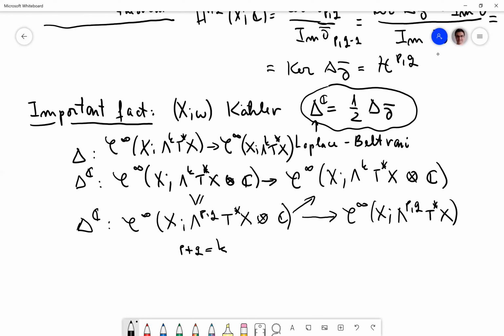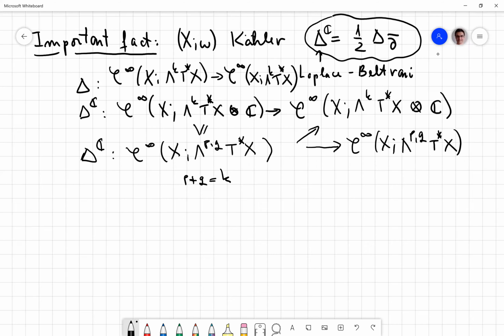So in this case, tensoring with C is unnecessary. That's already part of it. Okay. So now, why is this good? Well, this trivially implies the following fact.